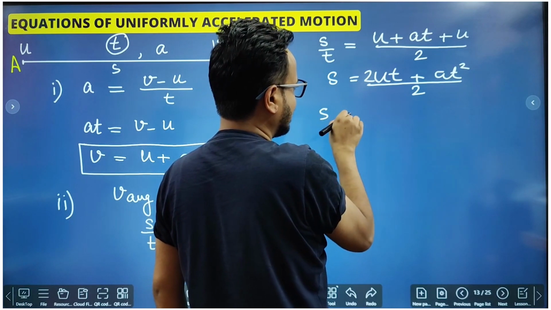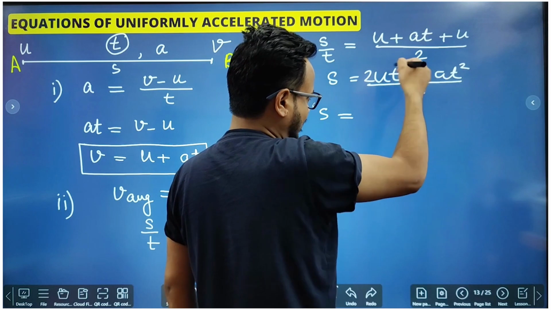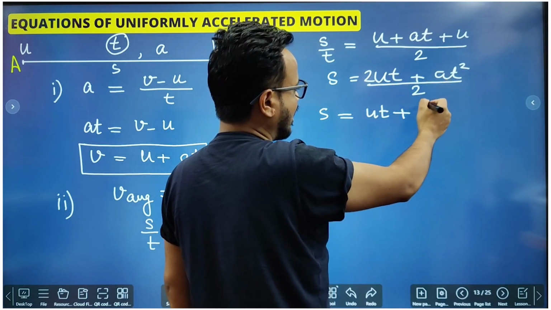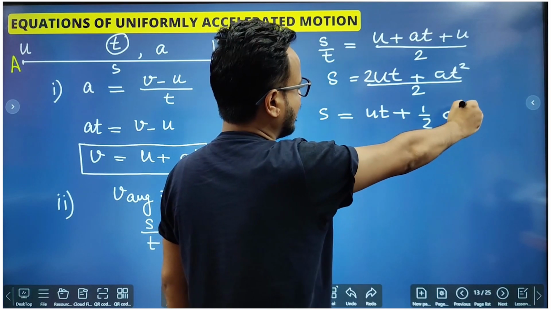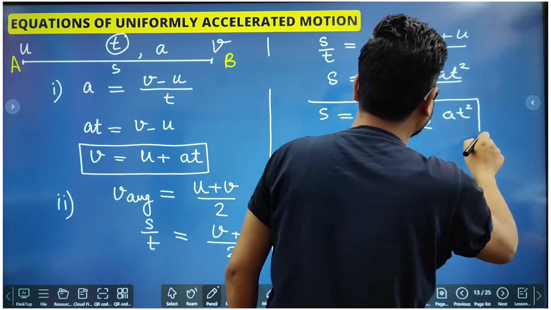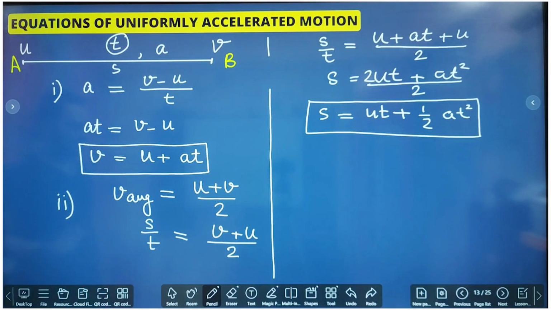So s is, now divide this and this by 2, so we will get ut plus half a t square, right? So this is the second equation.